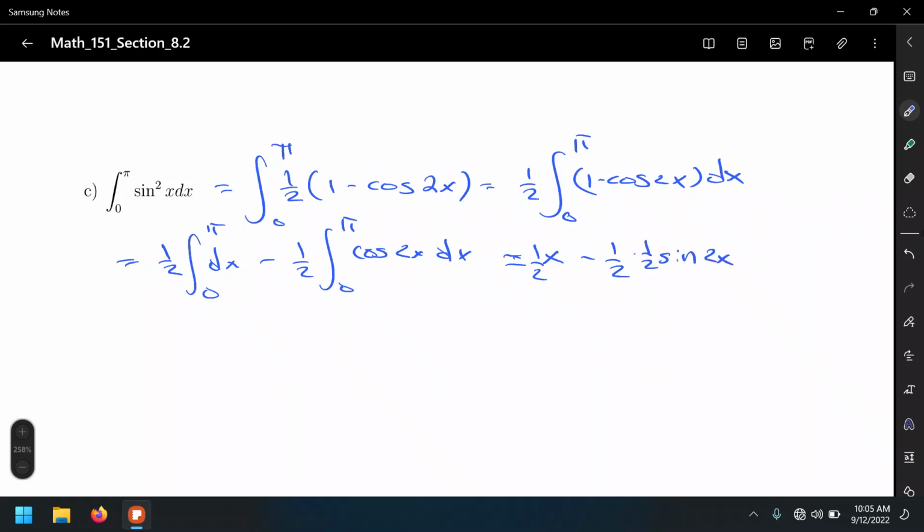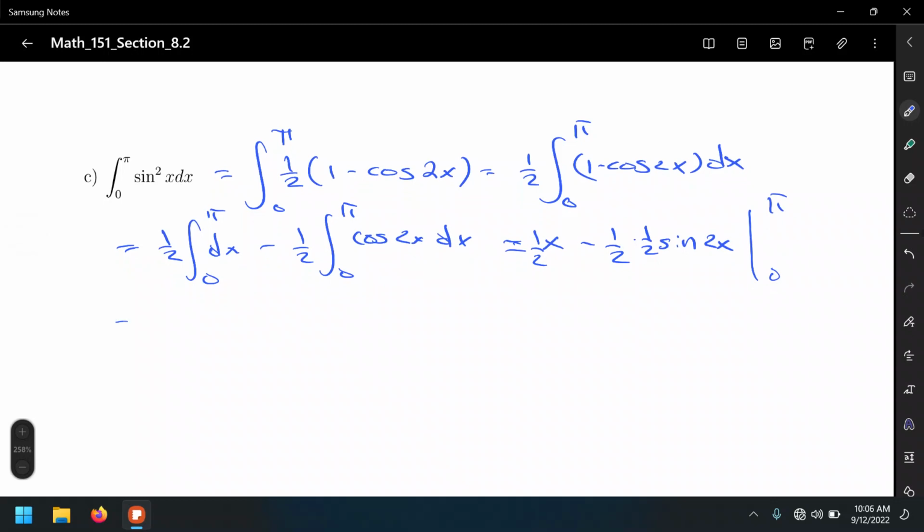So the first half comes from the identity, and the other half comes from integrating cosine of 2x, and then the whole thing from 0 to pi. Let's reduce this product of halves. That's going to be 1/2 x minus 1/4 sine 2x. The rest of the problem is the fundamental theorem of calculus: upper limit minus lower limit.